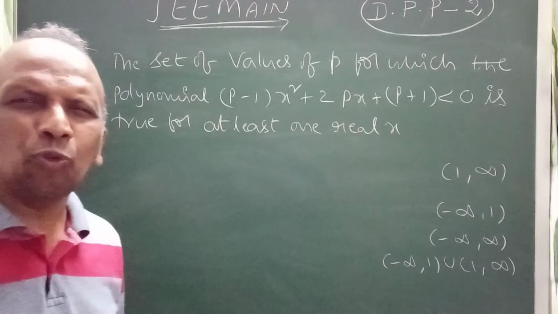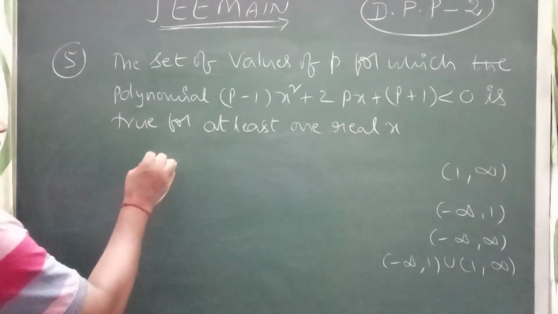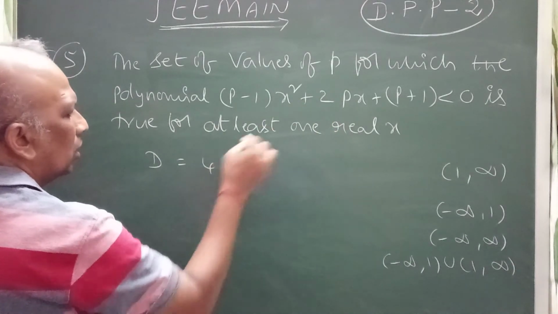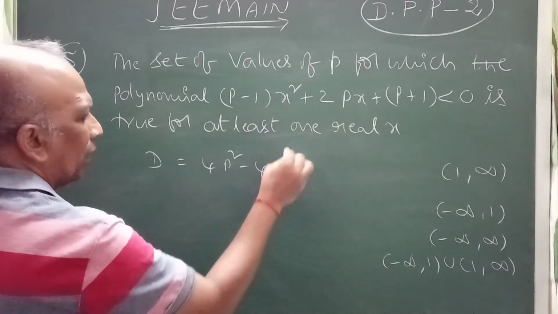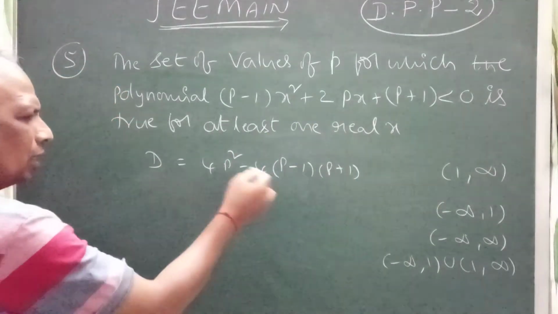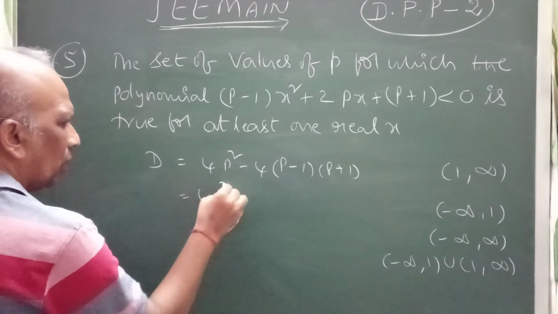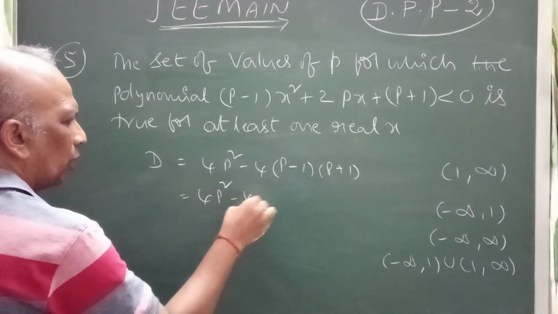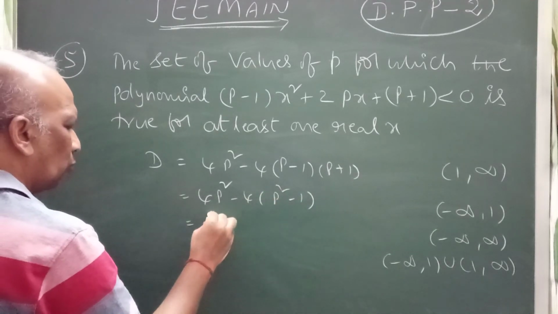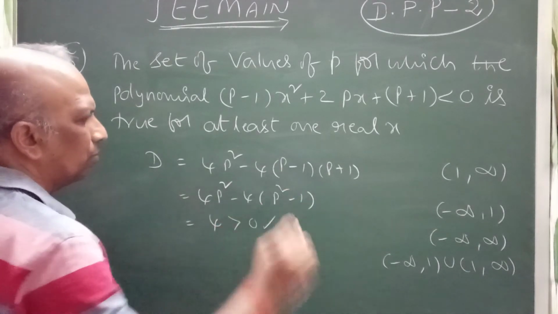Since it is true for at least one real x, we could take the discriminant. Discriminant will be 4p square minus 4ac, 4 into p minus 1 into p plus 1. This value will be 4p square minus 4 into p square minus 1, which comes to 4, which is greater than 0.